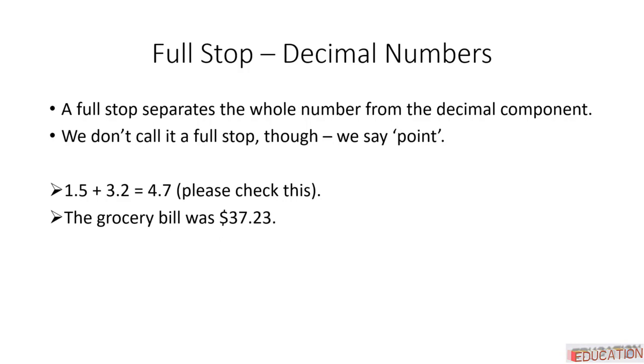Now here we have a currency value which is slightly different again, and we could say the grocery bill was $37.23, but that would sound a bit weird, and people would normally say the grocery bill was 37 dollars and 23 cents. Or in a pound version, that will be £167.48, please.